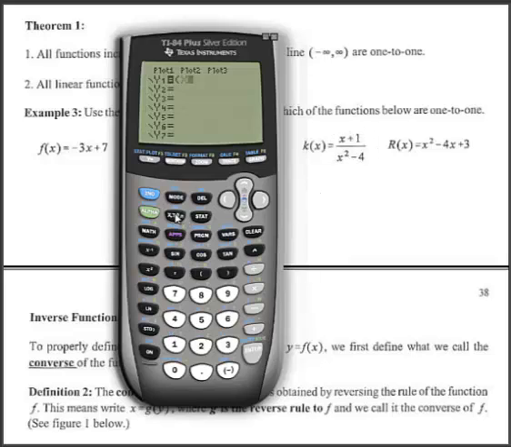I want x plus 1 in the numerator, enclosed in parentheses. Then I'll hit my division symbol, and enclose x squared minus 4 in parentheses, and graph.